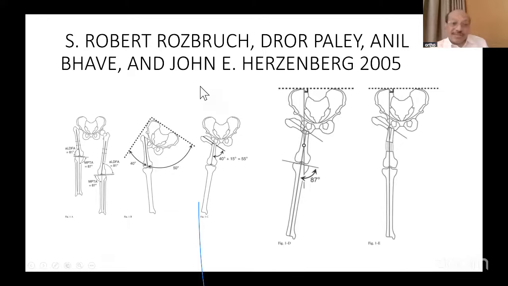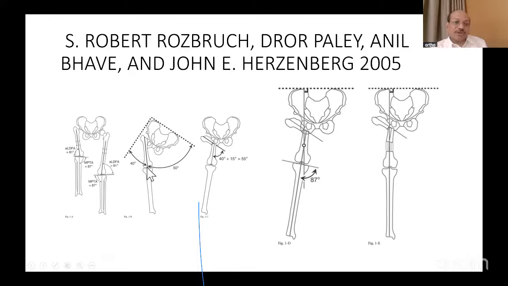Now, what is the valgus correction? How much valgus correction, and how do you calculate? This is the radiograph of the fully adducted position of the affected limb. In this case, the first line is drawn along the highest point of the left wrist, and another line is drawn at 90 degrees from this. How much adduction is possible?